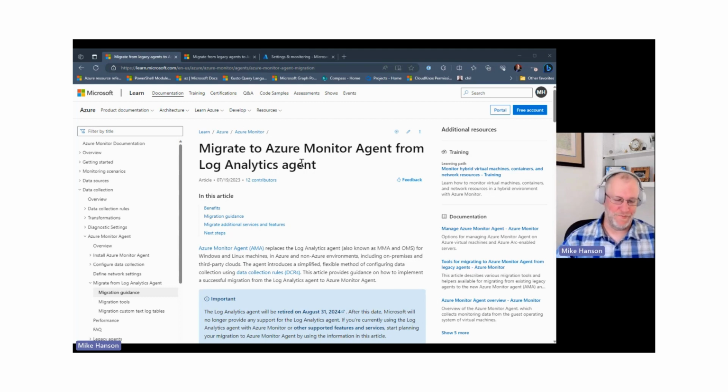Those were the previous names for the agent. They're moving to the Azure Monitor agent, which is much more flexible. It combines a lot more capabilities and enhances ways and capabilities for ingesting logs into Log Analytics and Azure Monitor.